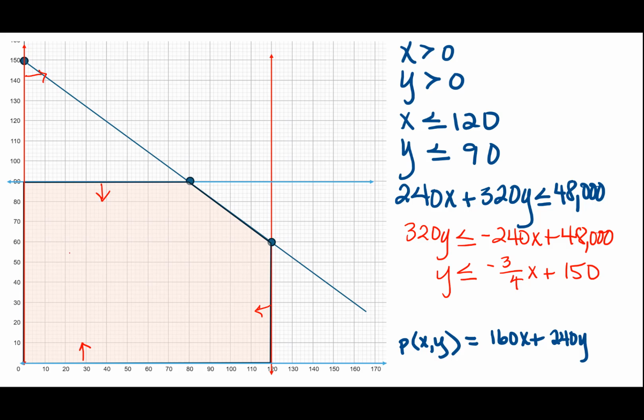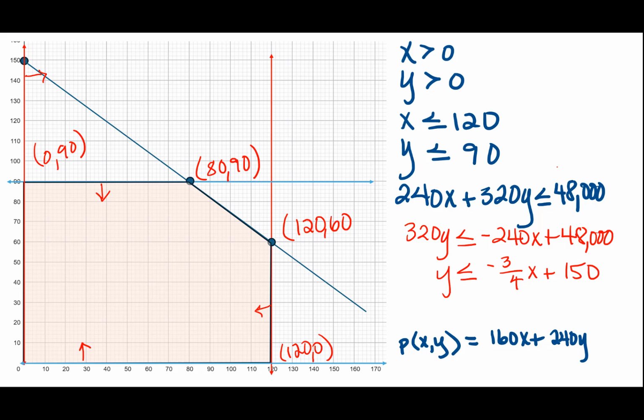So the vertices are, as we said, (80, 90), (120, 60), (120, 0), and over here we have (0, 90). So we know (0, 0) is not going to maximize the profit, so we just won't even acknowledge its existence. So we'll just try each one.